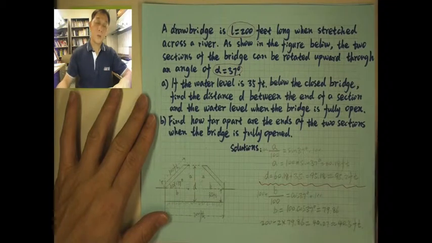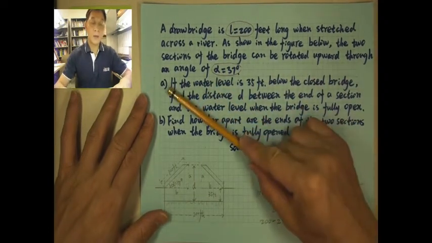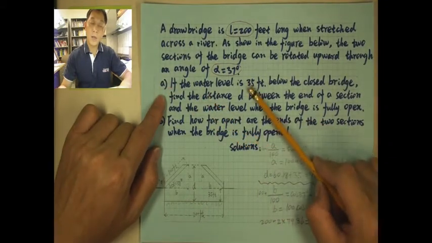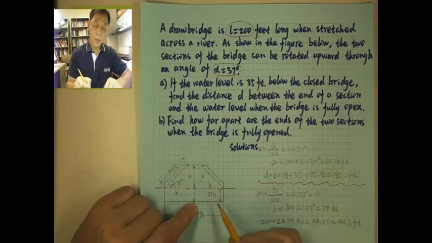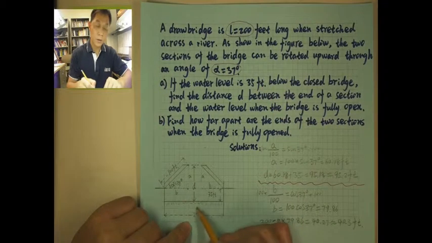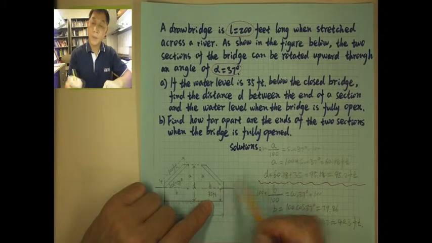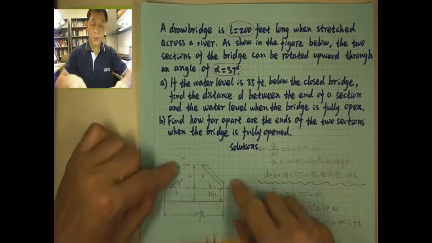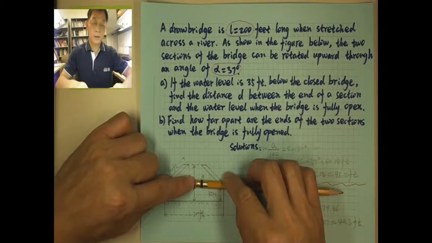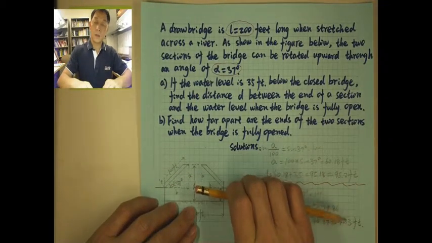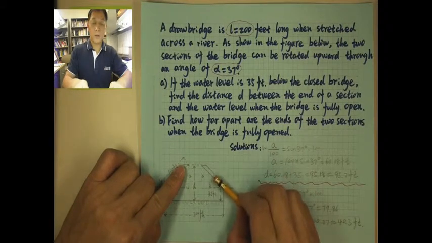Okay? Look, what do we need to find out? If the water level is 35 feet below the closed bridge. You see, when the bridge is closed like that, the car cannot go across.